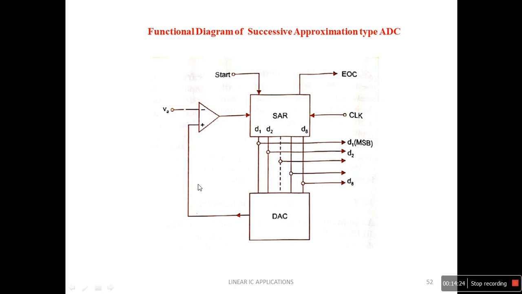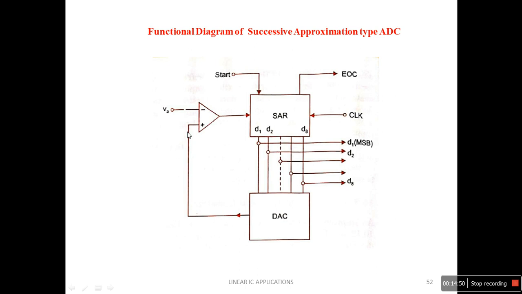For that, I am going to explain with a simple approximation type. Once again, listen. Simple method here: at the starting time, the SAR makes the MSB bit 1, remaining all zeros, and that is given as input of the DAC. This will be compared to the analog voltage.